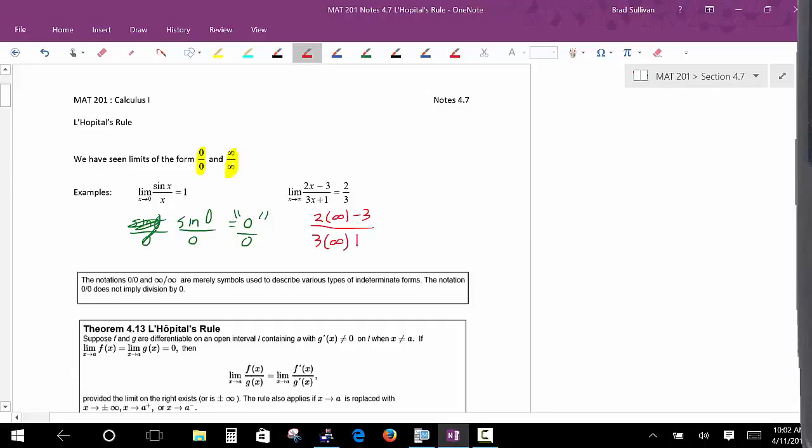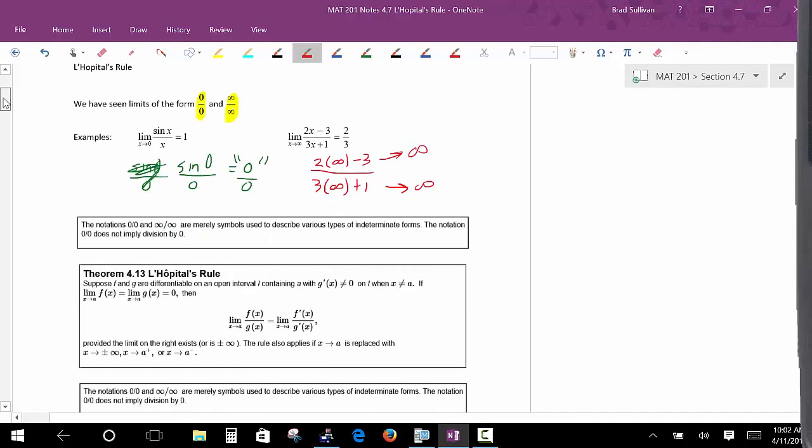Wouldn't the numerator be an infinitely big number? 2 times infinity is infinitely big. Minus 3 is still infinity. So that would be what we call an infinity over infinity form. Typically we did some sort of an algebraic process to work out the limit. Most of the time it was factoring, rationalizing denominators, stuff like that when we learned how to do this.